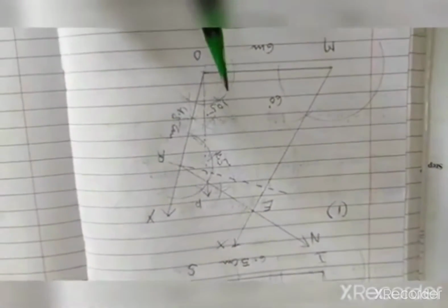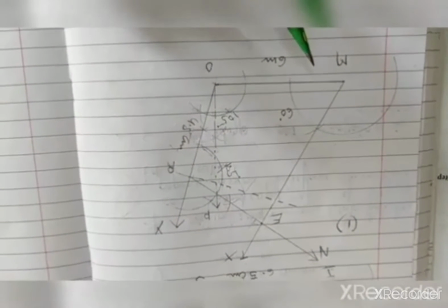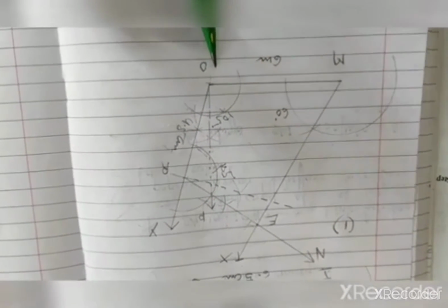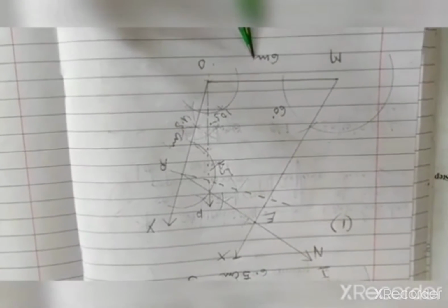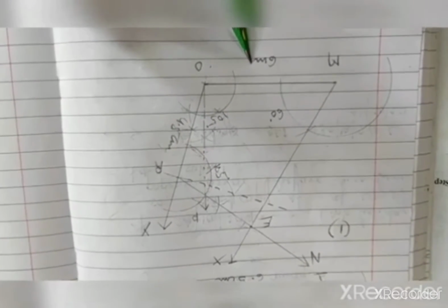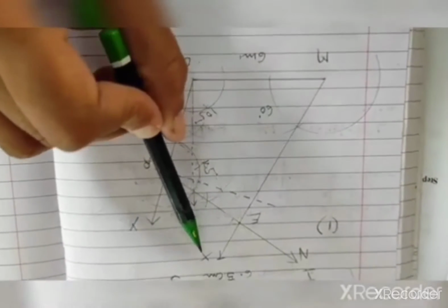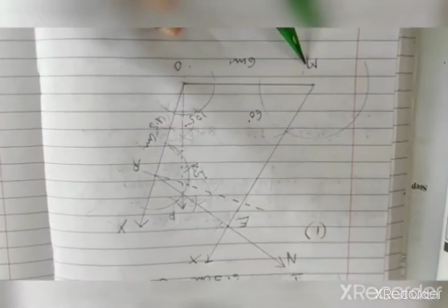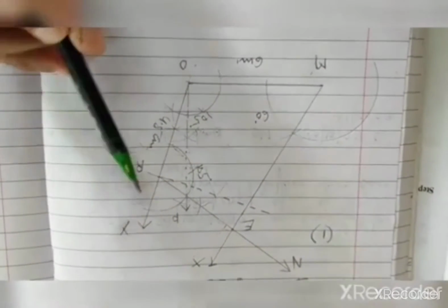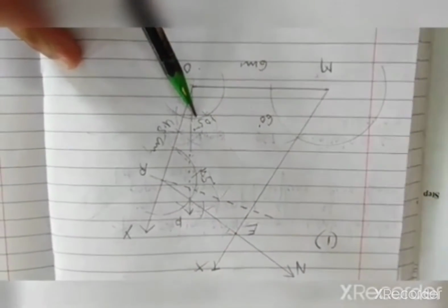So steps of construction: draw line segment MO with the help of a ruler, measurement 6 centimeter. Form an angle XMO 60 degrees and MOY 105 degrees.